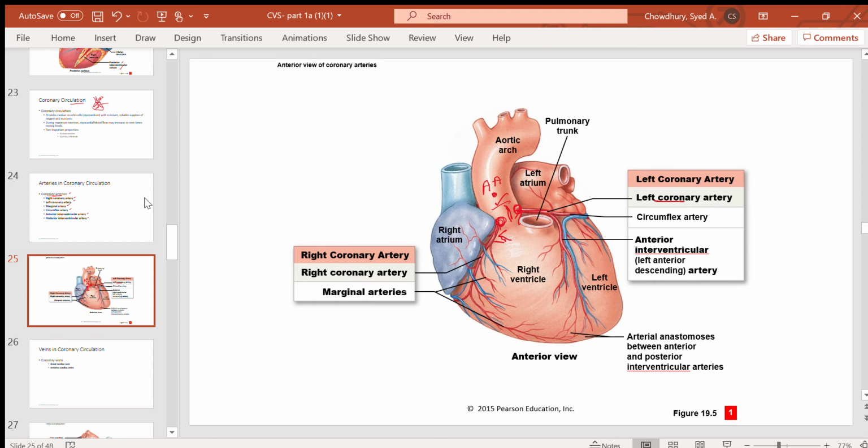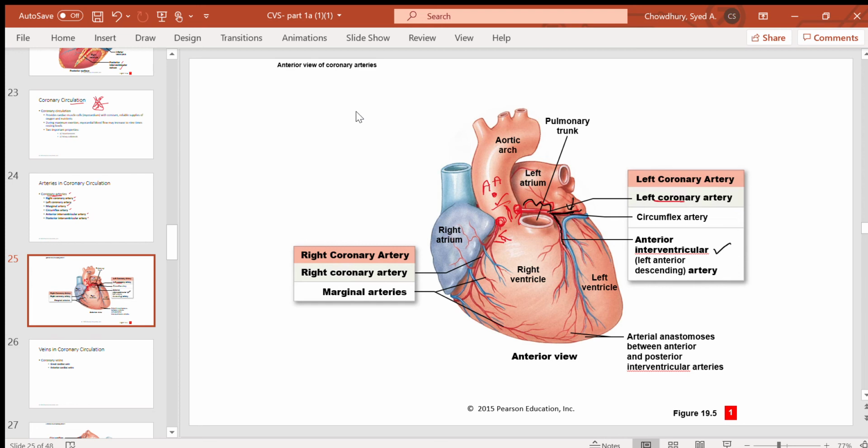Then the left coronary artery, you see, is kind of short, and it divides into two here. You see, this is the circumflex. This one goes around the heart, goes to the back and circles around the heart, and this one is going down into the anterior interventricular sulcus.